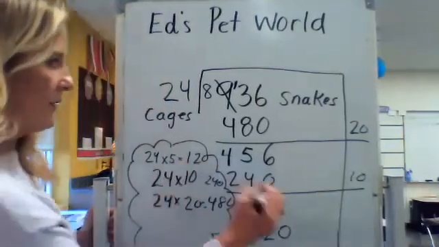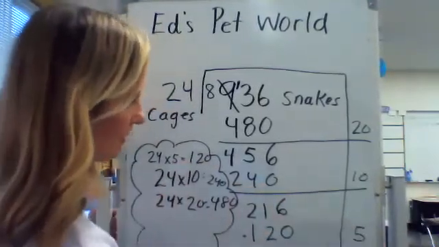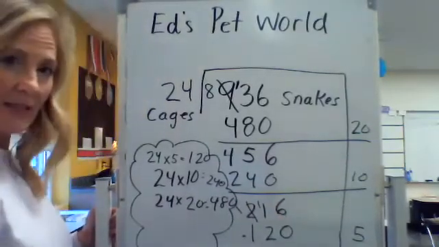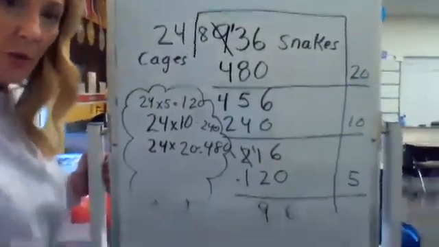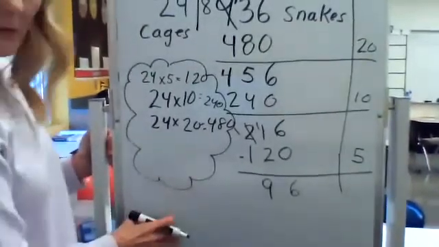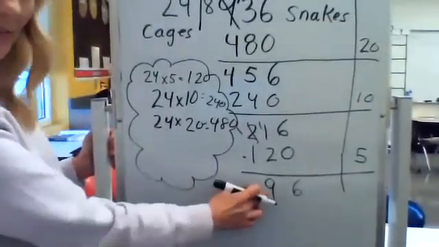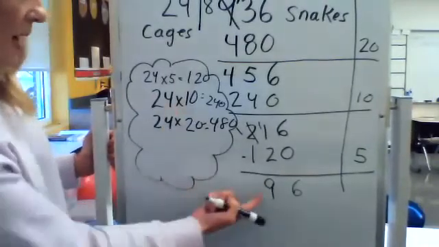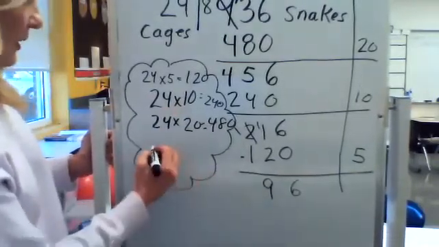So in order to do the 120, I put 5 more in each one. I have 96 left. How many groups of 24 can I make if I have 96? That's my basic question. Well, you might not know that, but think about what you do know.